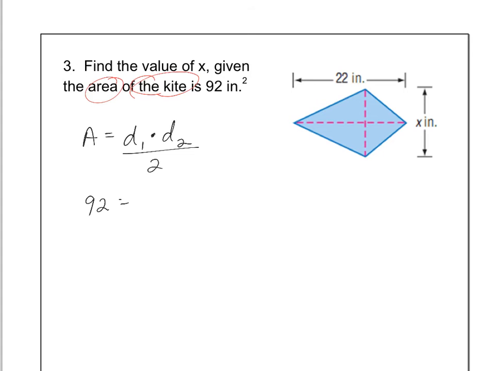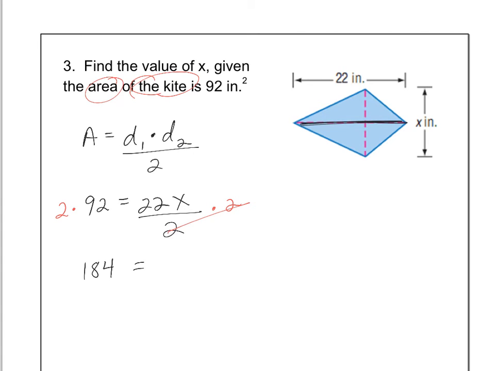So 92 equals, do we know one of the diagonals? Yep, this one down here is 22. Do we know the other diagonal? No, we'll call that x and then divide by 2. What I usually do to solve this is go times 2 on each side. These cancel out. 92 times 2 is 184.